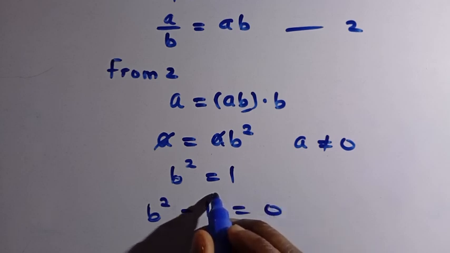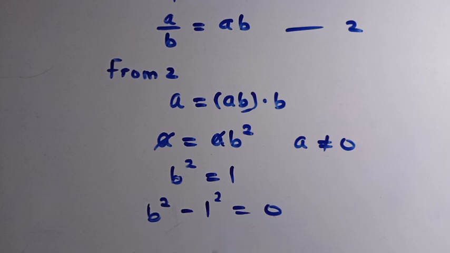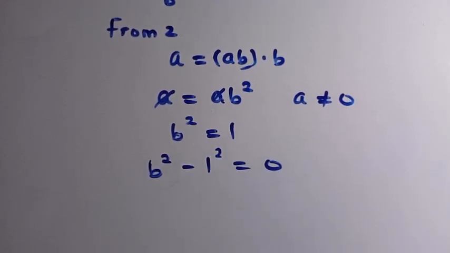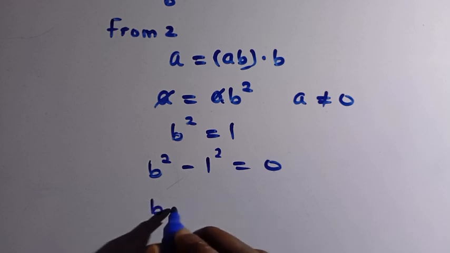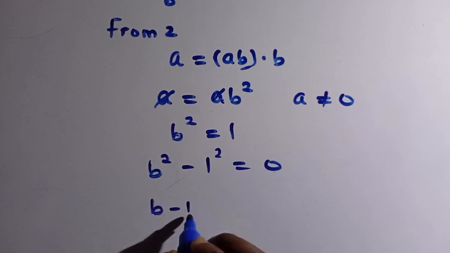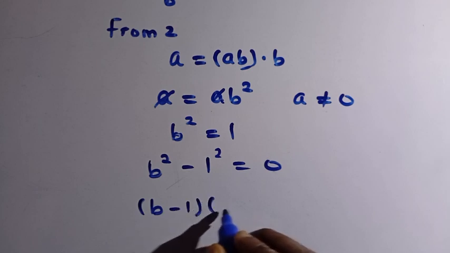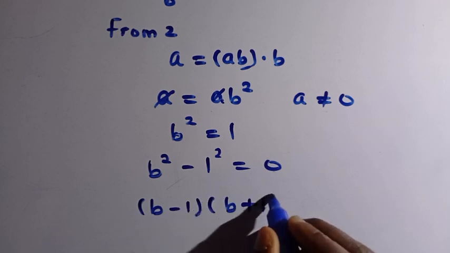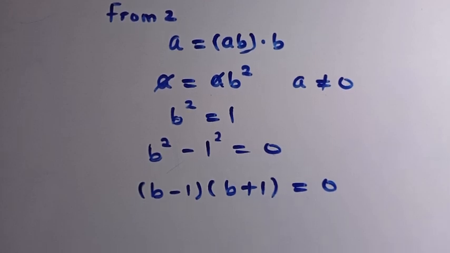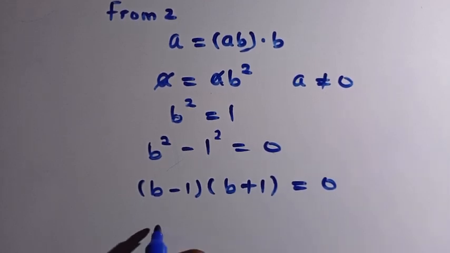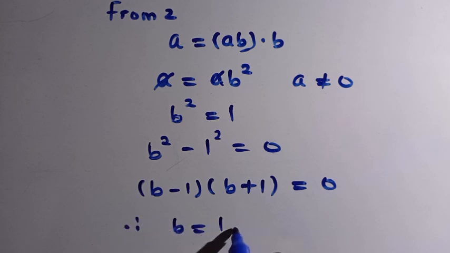This is just like a difference of two squares. So when we apply the formula, this becomes b minus 1 multiplied by b plus 1 equals 0. And when we resolve this to get the value of b, we have b equals 1, and we still have b equals minus 1.